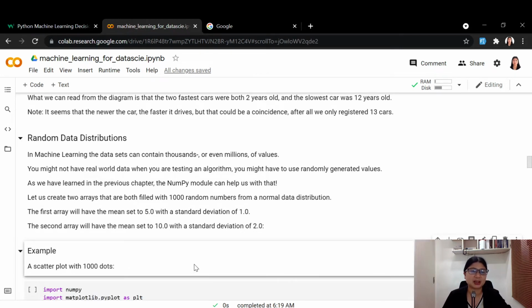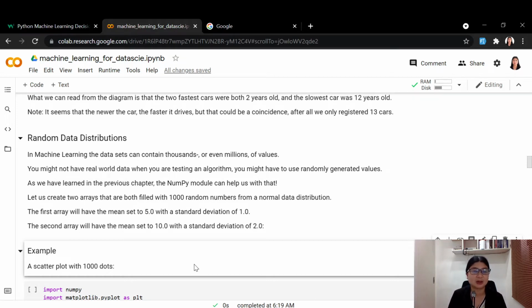In machine learning, the datasets can contain thousands or millions of values, and you might not have real world data. When you are testing an algorithm, you might use randomly generated values. As we have learned in the previous class, the NumPy module can help us with that.